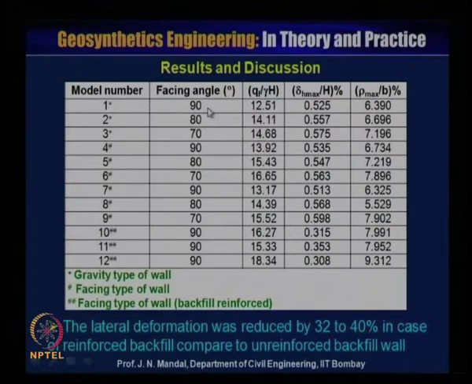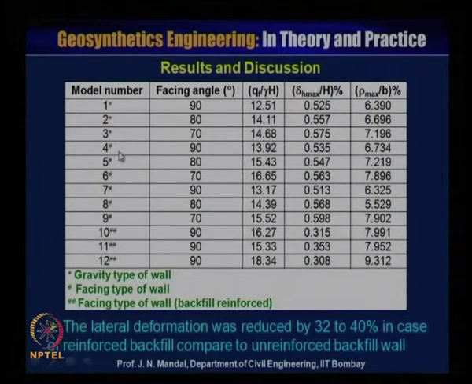The facing angles are 90 degree, 80 degree and 70 degree, and you have Q_A by gamma H values 12.51, 14.11, 14.68, delta H maximum by H percentage 0.525, 0.557 and 0.576, and rho max by B percentage 6.390, 6.696 and 7.196.